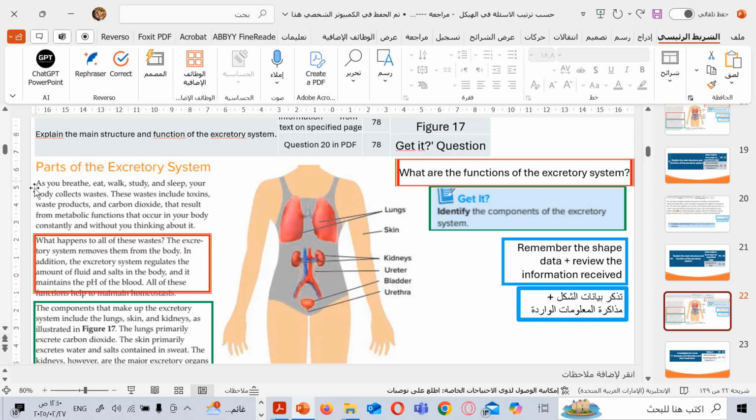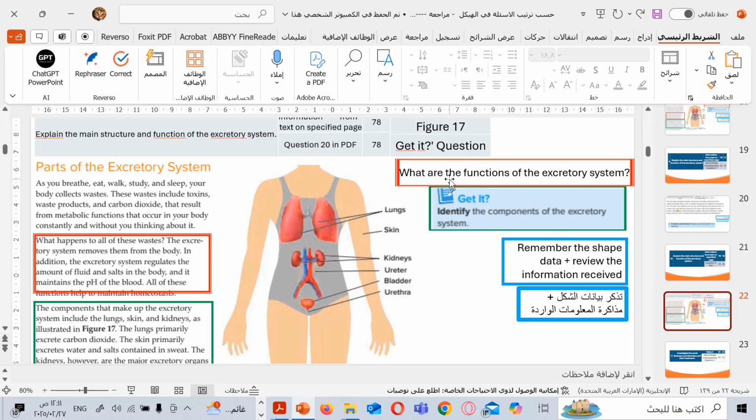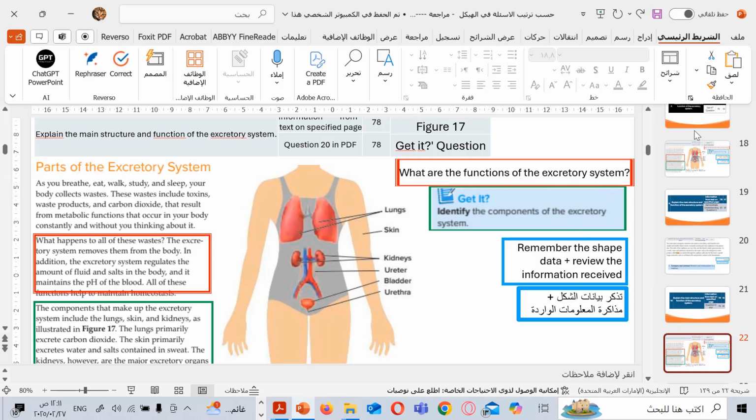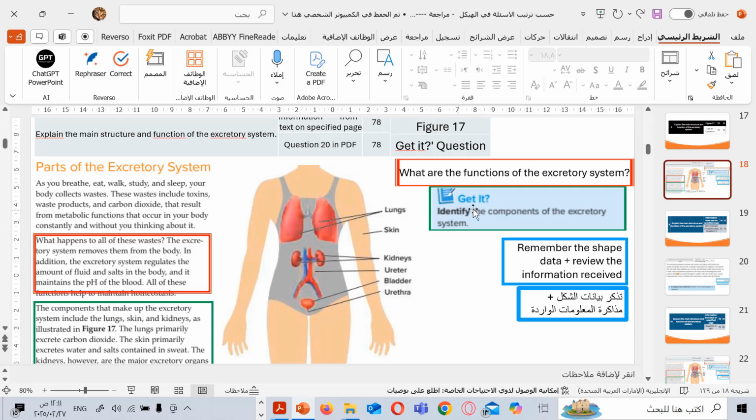In this paragraph we have two questions. This is question number 10, and the question asks about what are the functions of the excretory system. And we have question number 8, the get it question.